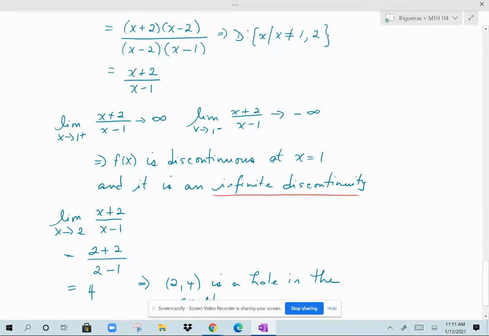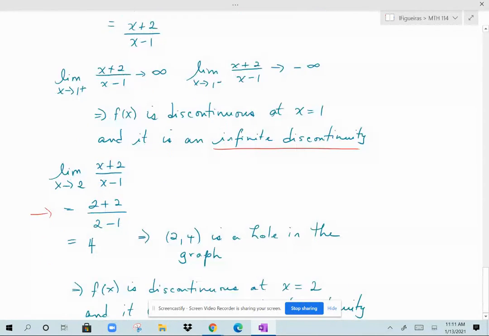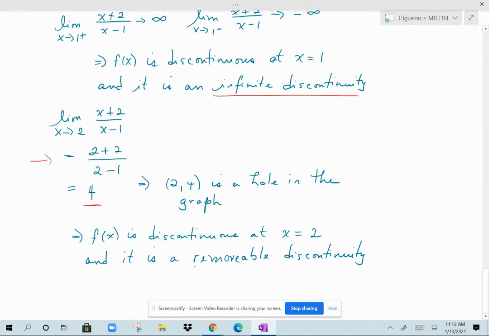So when I plug in the 2, I'll get 2 plus 2 over 2 minus 1, which tells me that my limit is 4. What that means is, at the point 2, 4, I will have a hole in the graph, an open circle. And when you have a limit that exists, so this limit exists, but the graph does not exist, that is considered to be a removable discontinuity. So this one had both an infinite and a removable discontinuity.